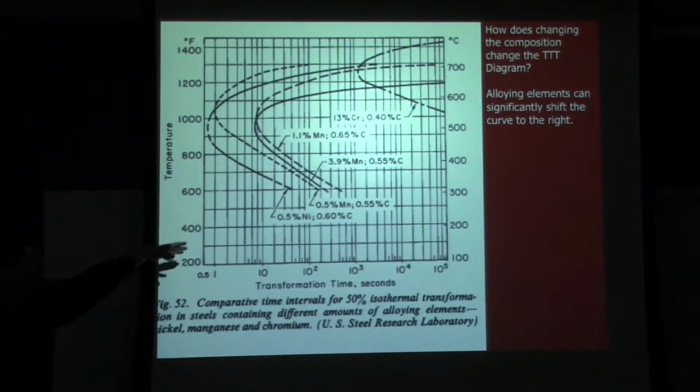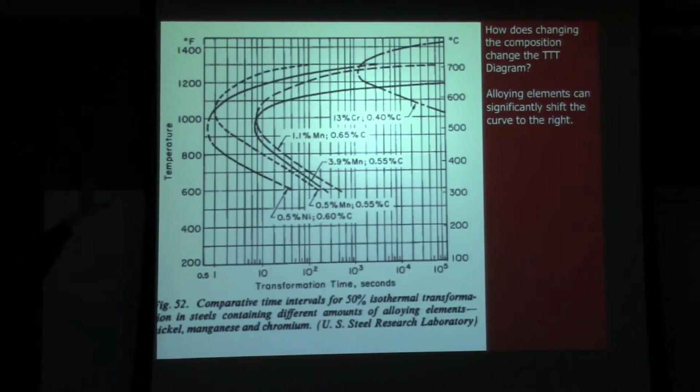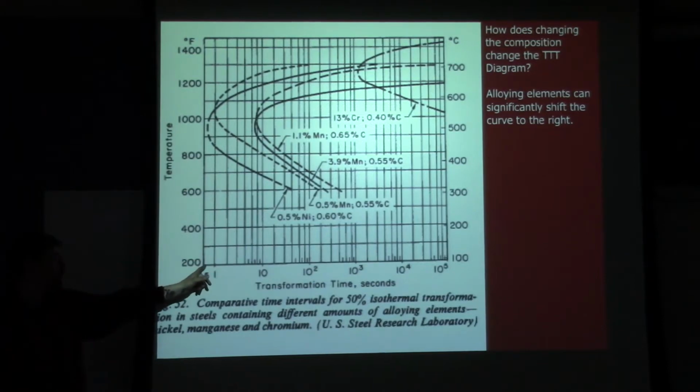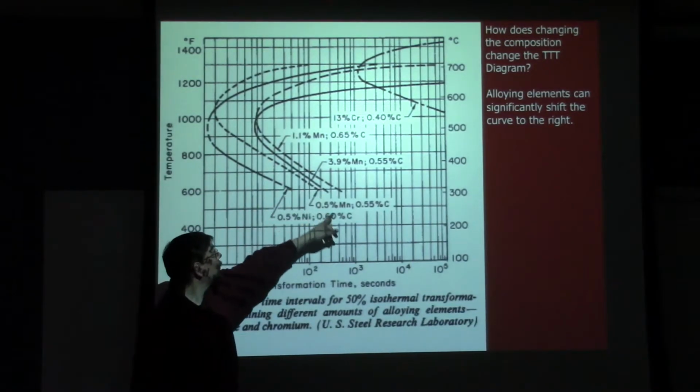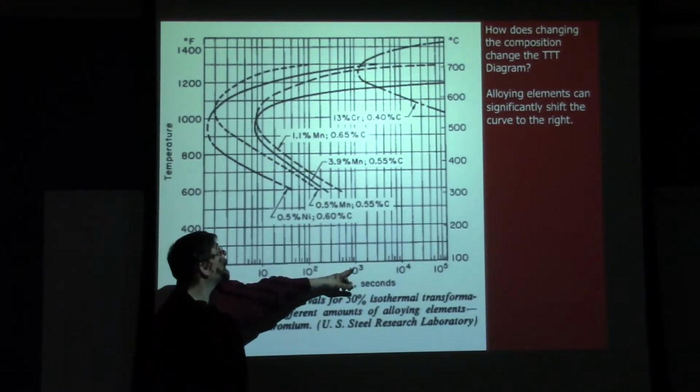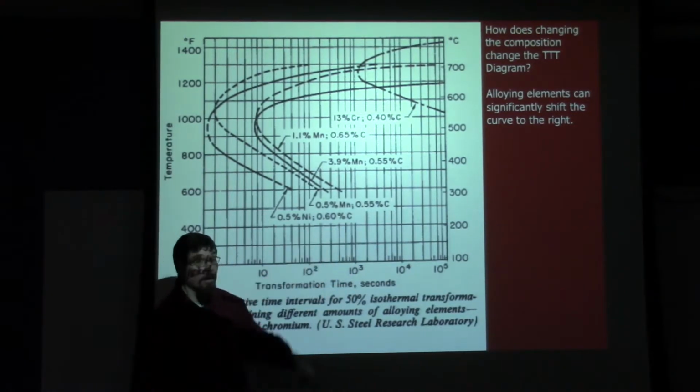The thing that's important to notice on this is that the nose of these curves is all over. Some of them are very close to the left-hand side, which means you have very short times to deal with if you want to miss those transformations. Others, like this one over here, goodness, 1,000 seconds?